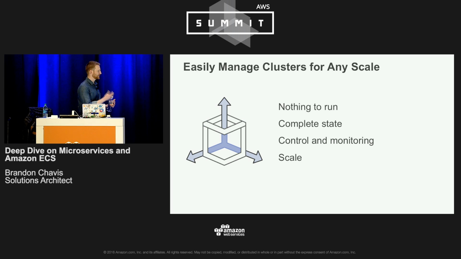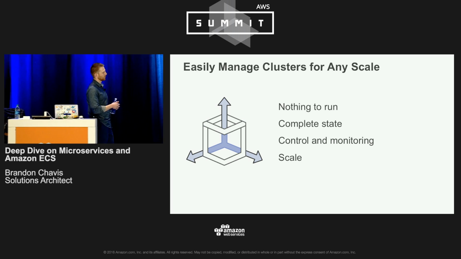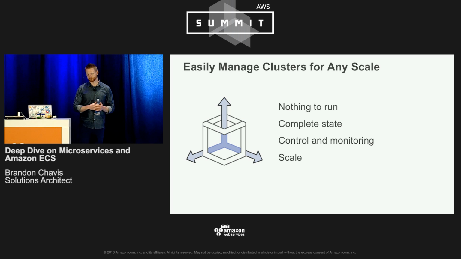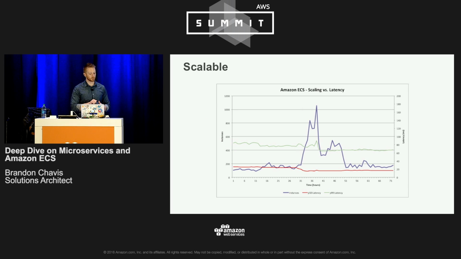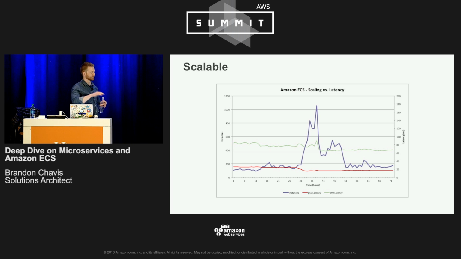That API is intended to give you full visibility and control over all the resources in a cluster. This API is really scalable, and it can support clusters of nearly any size. This is a load test that we ran over 72 hours, where we ran list and describe APIs basically continuously, and we adjusted the size of the cluster up to over 1,000 instances.